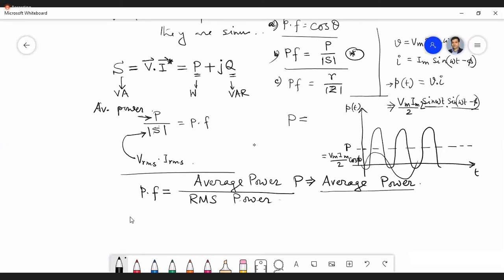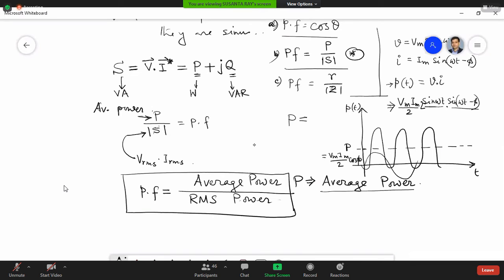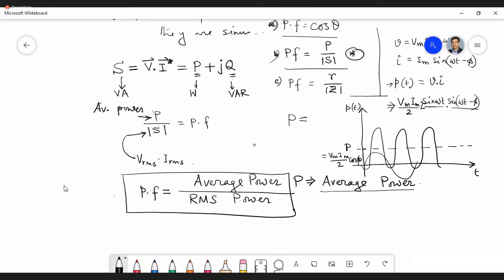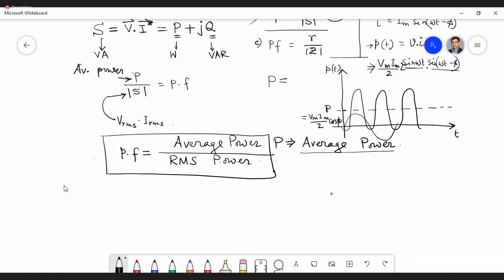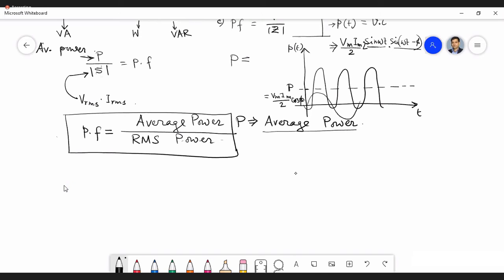Okay, so that is the general definition of power factor, which is valid for both sinusoidal and non-sinusoidal quantities. And as it is a general definition, the sinusoidal definition, that is the apparent power, active power, reactive power, is a special case of it. So the power factor we can find out for this non-sinusoidal current and voltage from this.